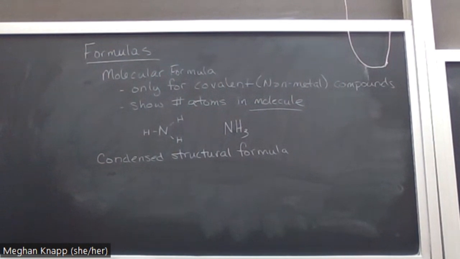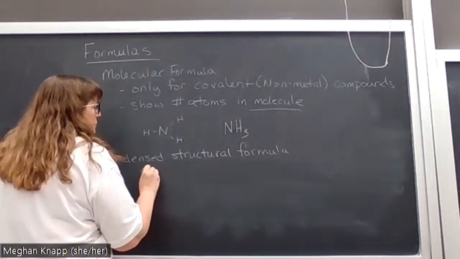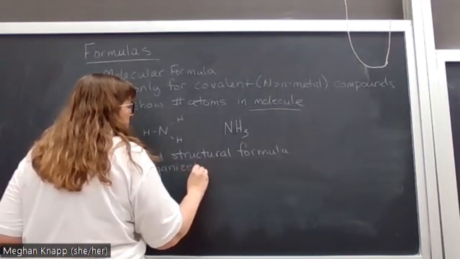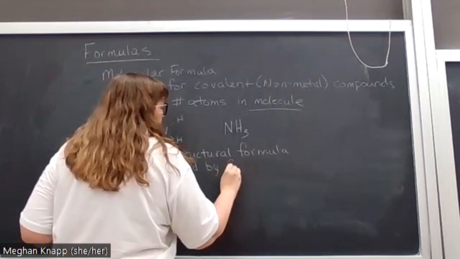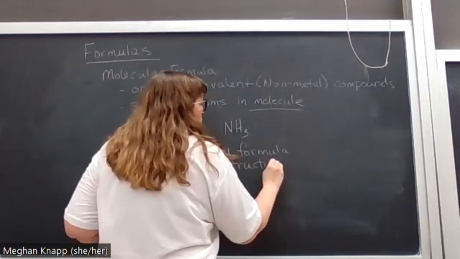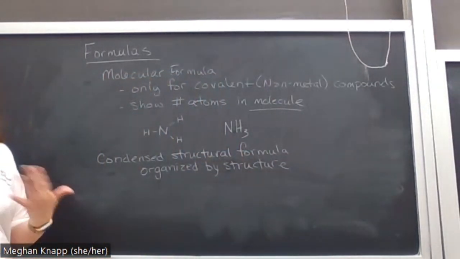It's just not grouping them together. So we're not putting all of the hydrogens together because it's trying to show us a little bit about the structure. The most common place to see this is with organic compounds. Organic compounds tend to have carbon.